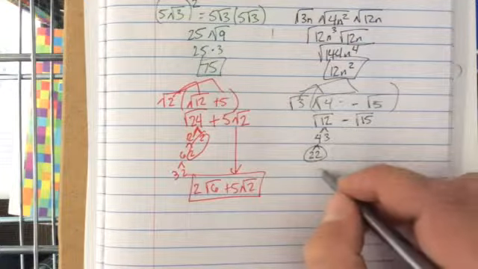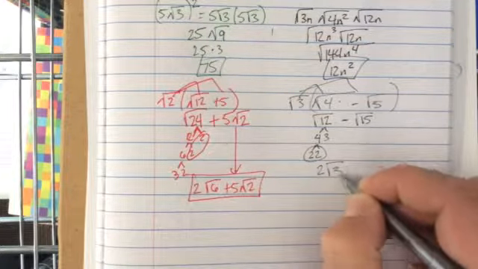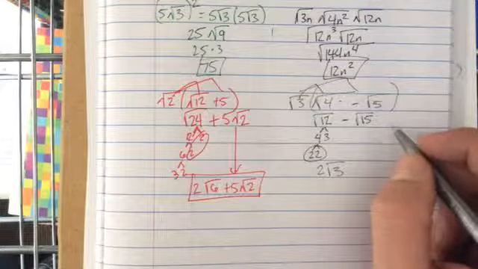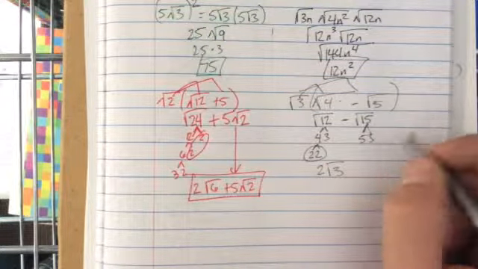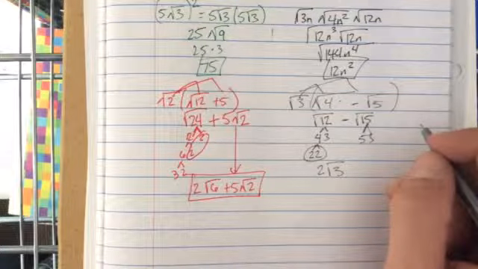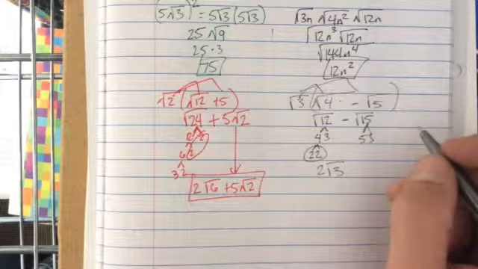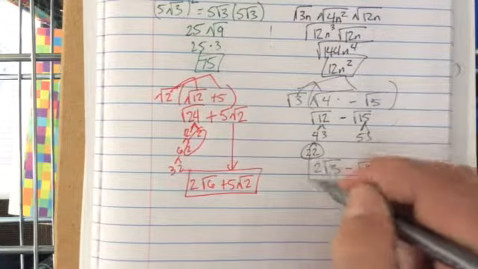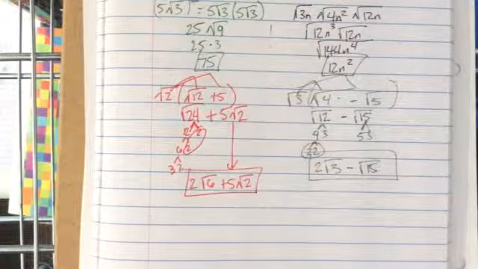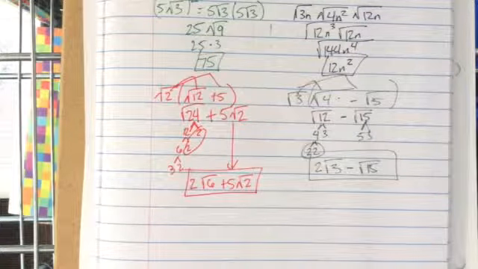And there we have a pair of 2. So we have 2 square root of 3. What about this 15? 5 and 3. Can we do anything to that? So what do you think that means? We just leave it as minus the square root of 15. And there is the answer.